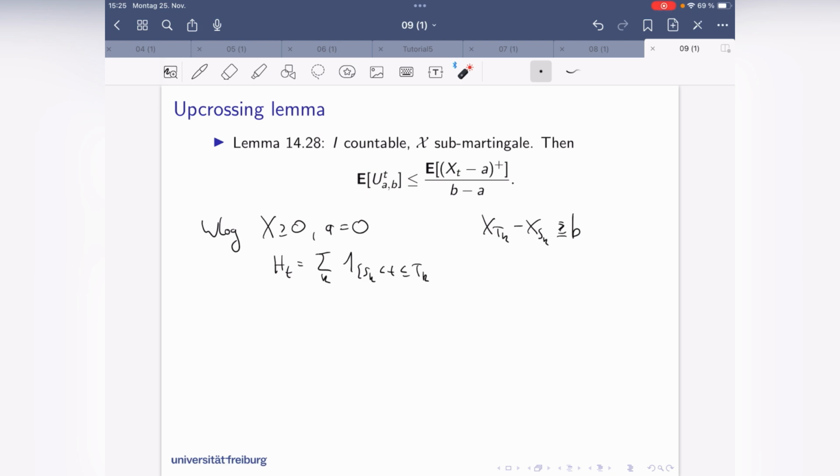X is a submartingale, and the function h here is previsible.